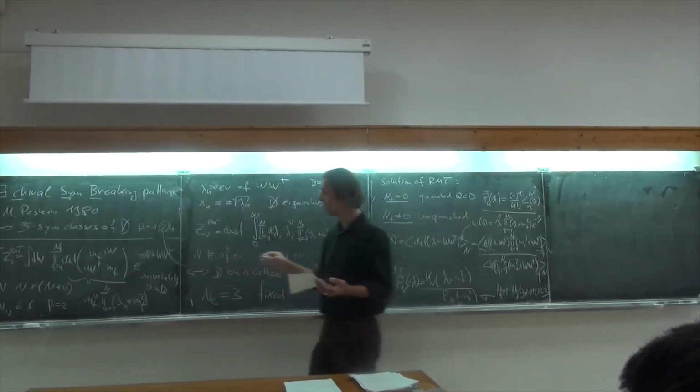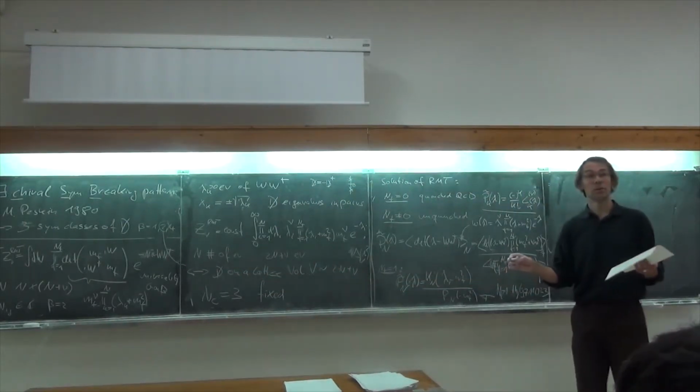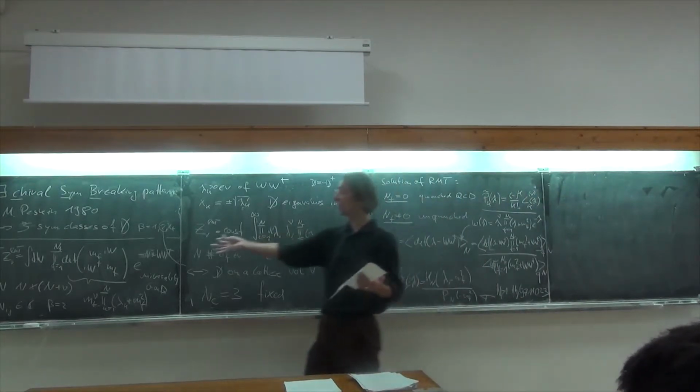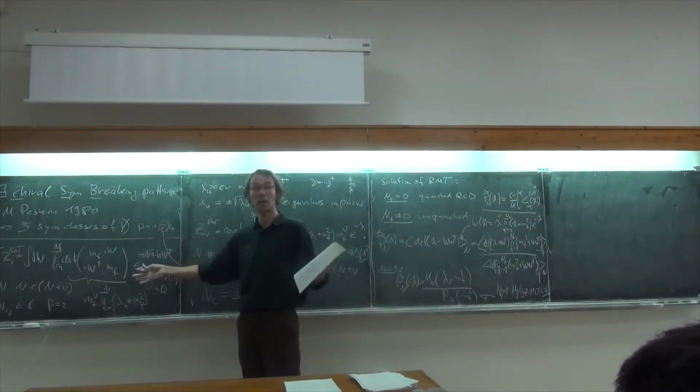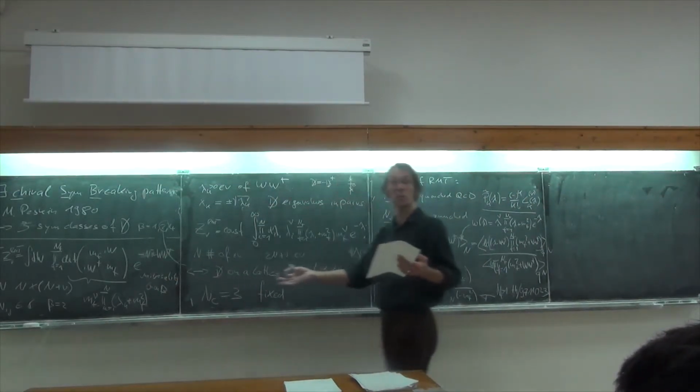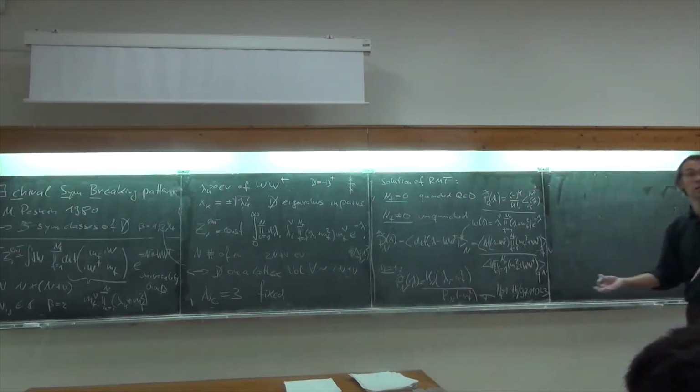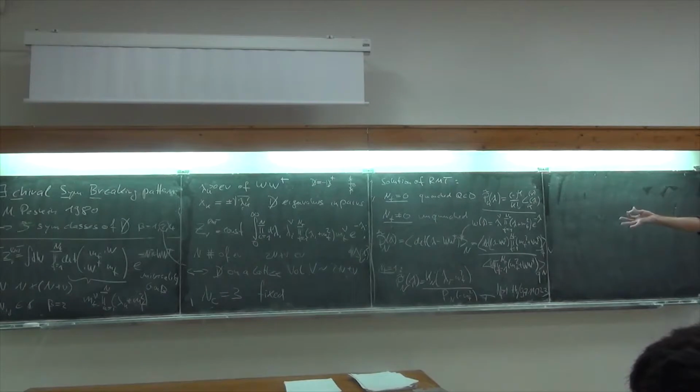Yes, this will have to come. As I said, this is a naive replacement, and I will have to explain why this is not so naive. At the moment, of course, this is a zero-dimensional model. Okay, it will come.